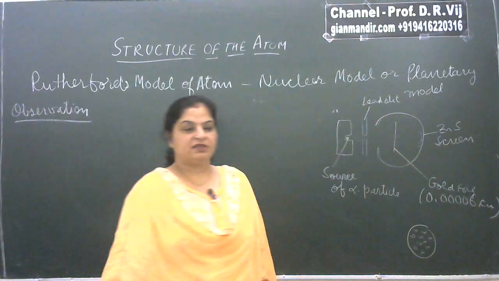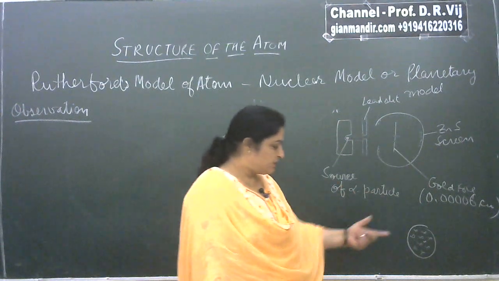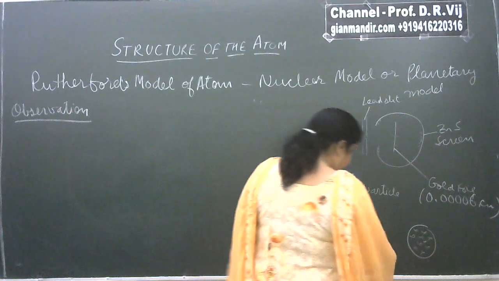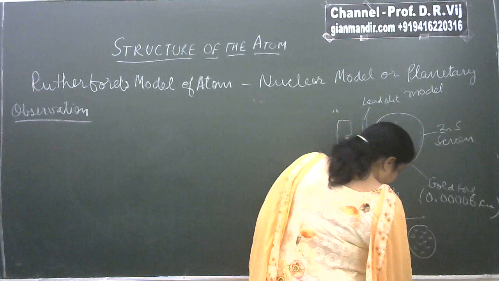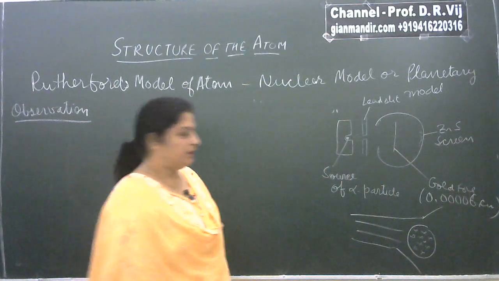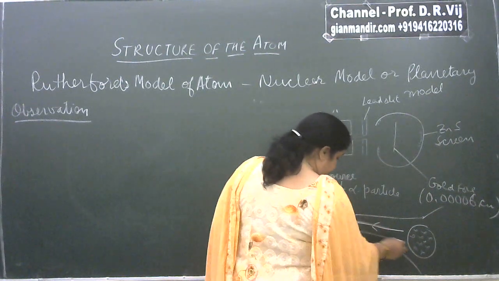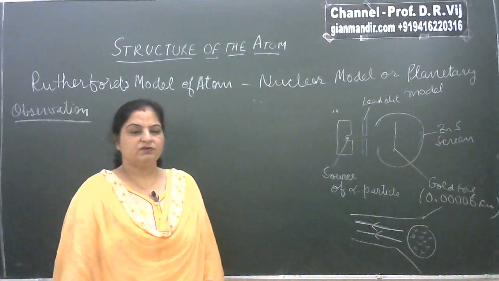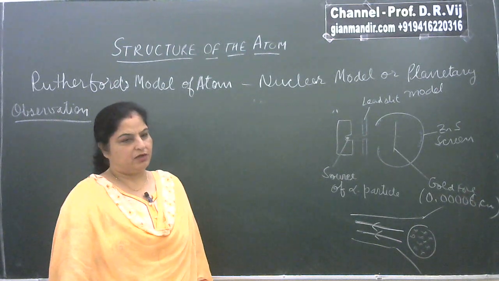What Rutherford was expecting, when that positive charge is spread all over the atom, was that the alpha particles coming here would be deflected by a large angle, and a good number of alpha particles would also be reflected back. This is what Rutherford was expecting on the basis of Thomson's model.